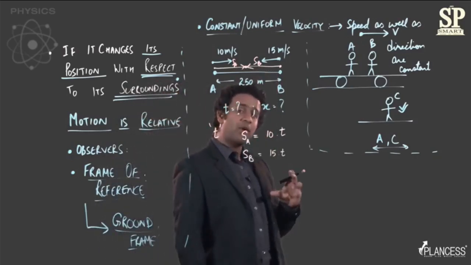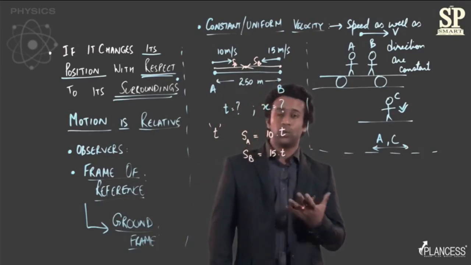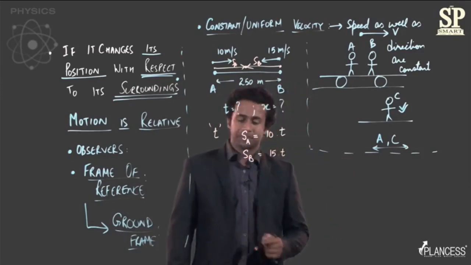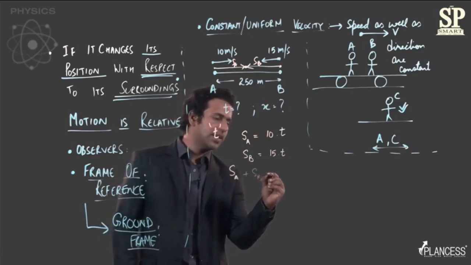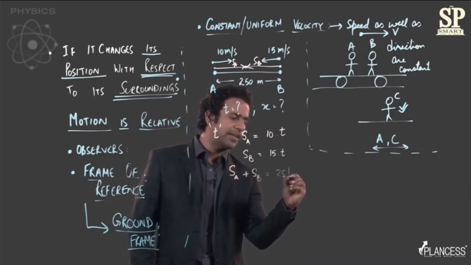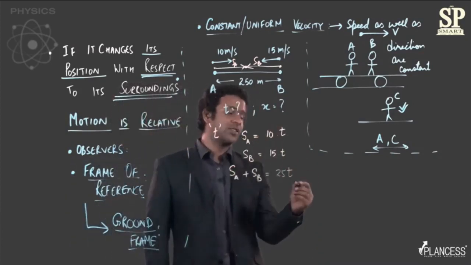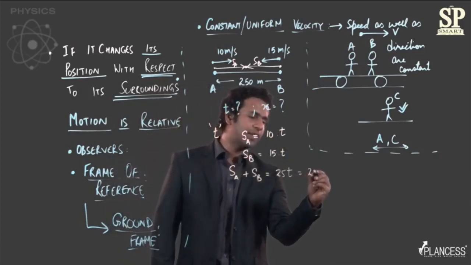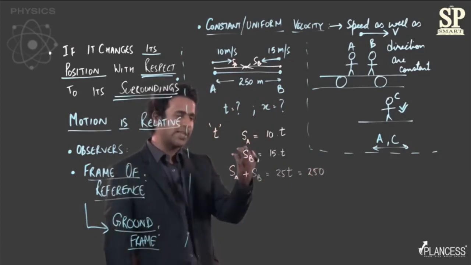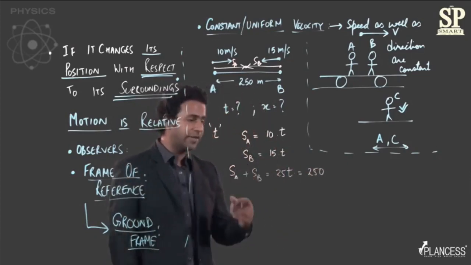So the sum of distances covered by A and B has to be equal to 250, right? From the equations, we can see that SA plus SB is nothing but 25t.